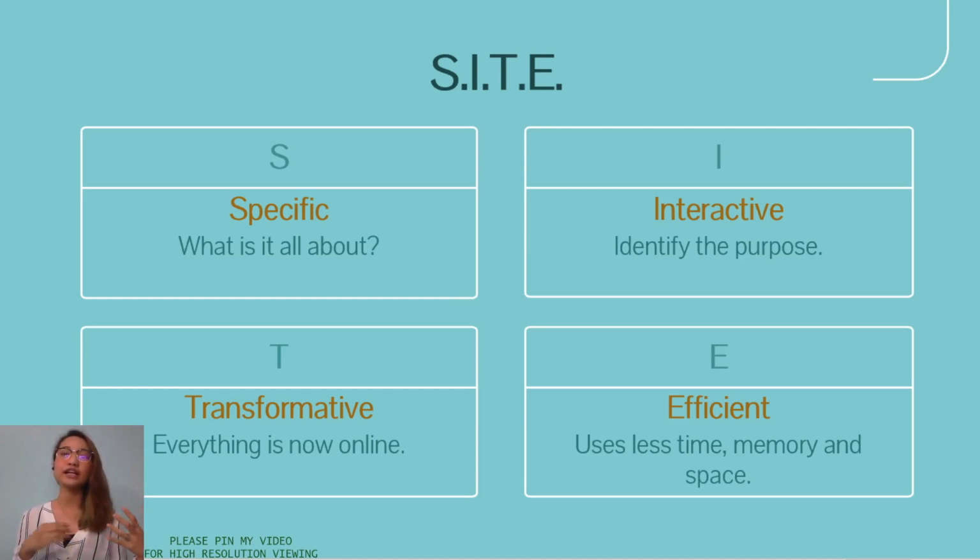So, next, after identifying the purpose, now let's move on to letter T, which is transformative. Given that, tulad ng sabi ng karamihan sa atin, na everything nga now is online, kasi nga, for now, hindi pa pwede ang face-to-face. So, letter T, we have to make it transformative. So, I want to do this. What is the purpose? And how will I apply it?